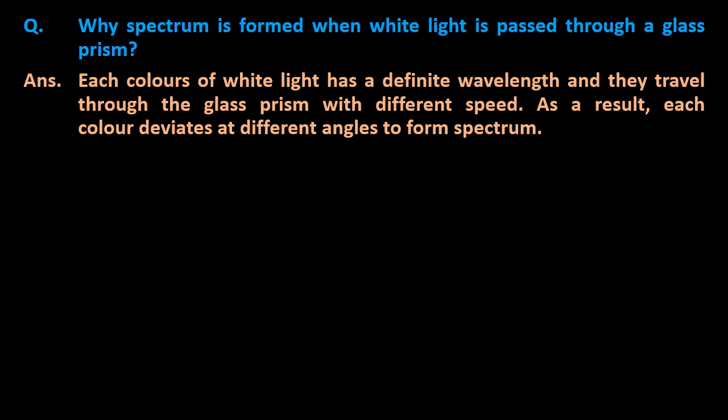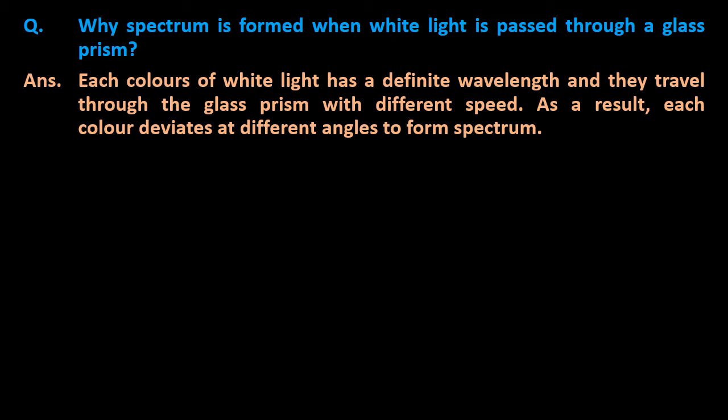And all the 7 colors also travel within the prism with different speed. Because of the variation of the speed, each color is deviated by different angles. And as a result, a spectrum is formed.